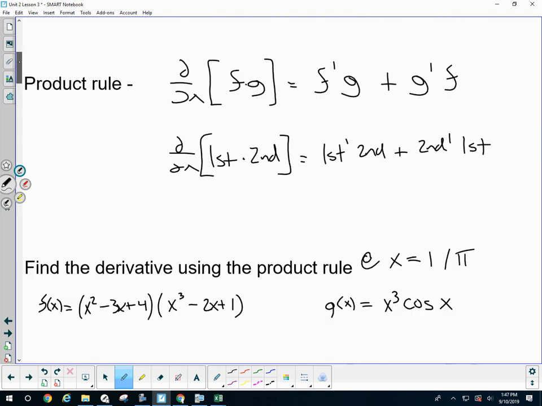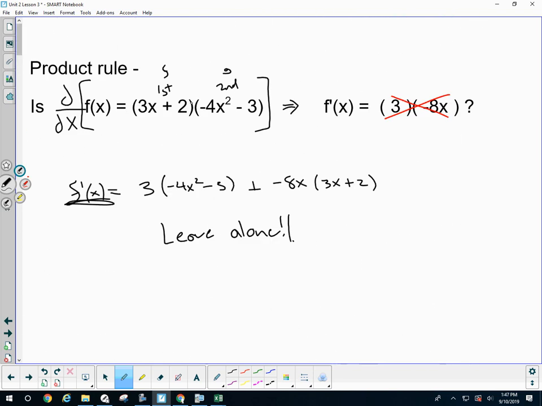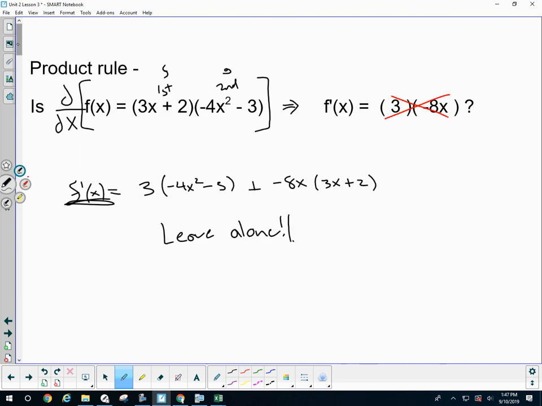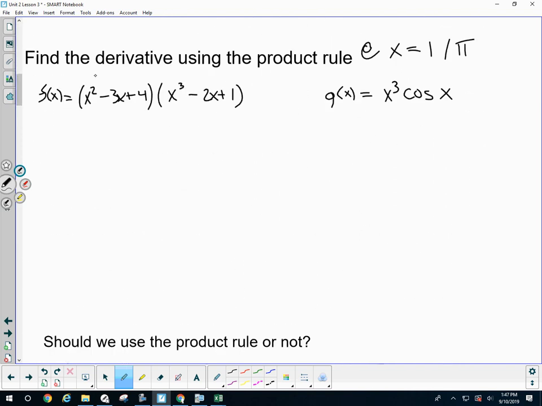However, for this previous one, I could have distributed first. Just like with x squared times x cubed, I could have distributed and multiplied x squared by x cubed to get x to the fifth. And then I could have taken the derivative to get 5x to the fourth. I could have distributed first to take the derivative. But for these situations here, it would take me a long time to distribute.